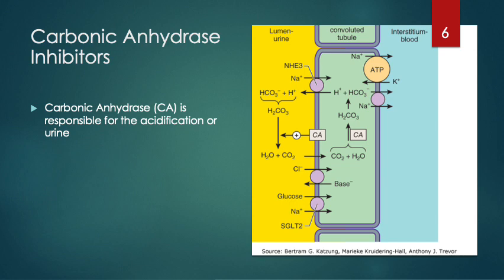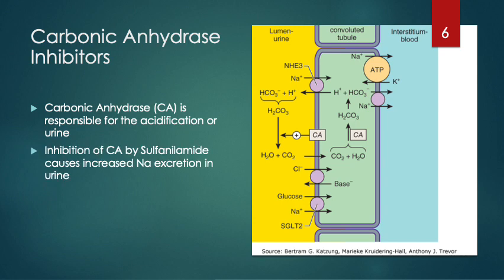It is worth noting that carbonic anhydrase has some other physiological relevance in other cells of the body, such as in erythrocytes. Now, inhibition of carbonic anhydrase by sulfonylamide causes an increased sodium excretion in the urine.